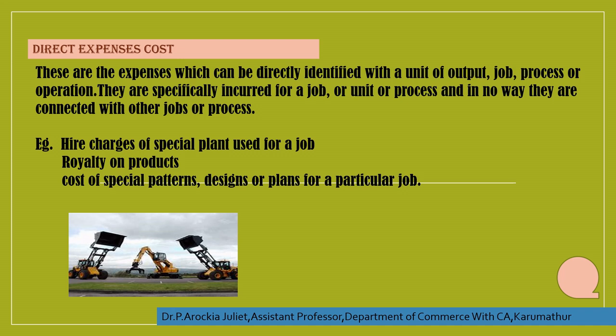Royalty means when we produce a particular product, we get approval from an authorized person, who gives the permission to produce it. For that, we have to pay some amount to the authorized person, and that amount is called the royalty. This kind of expenditure is directly included in the cost of the product. So it is called the direct expenses cost.